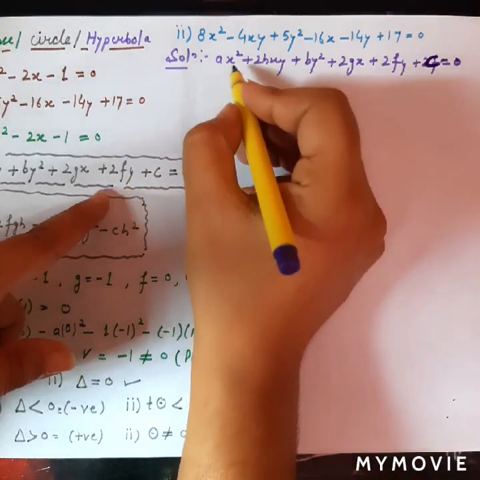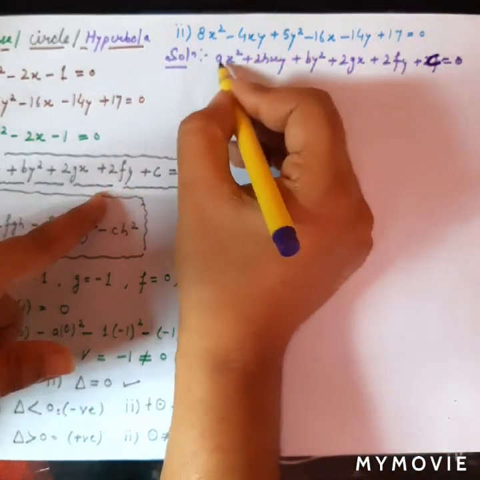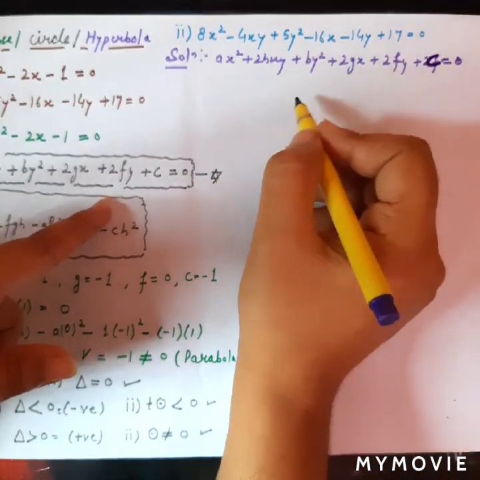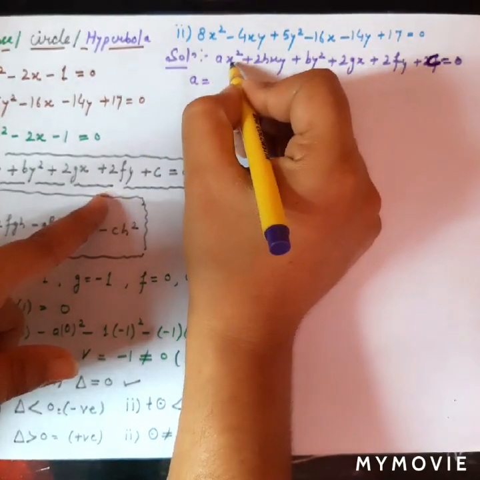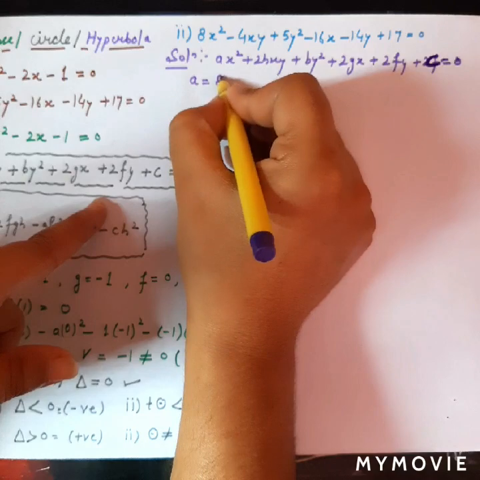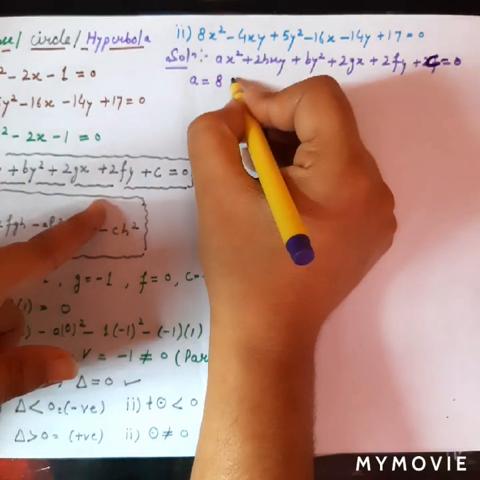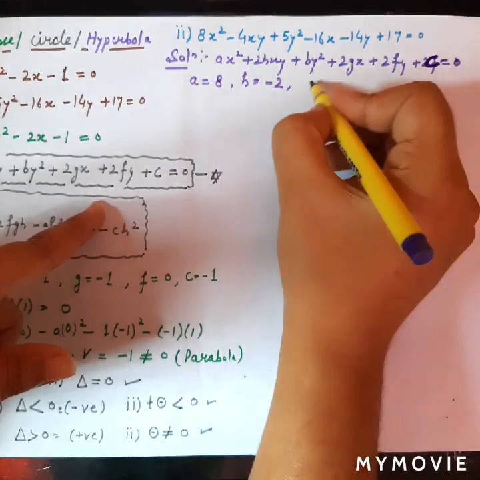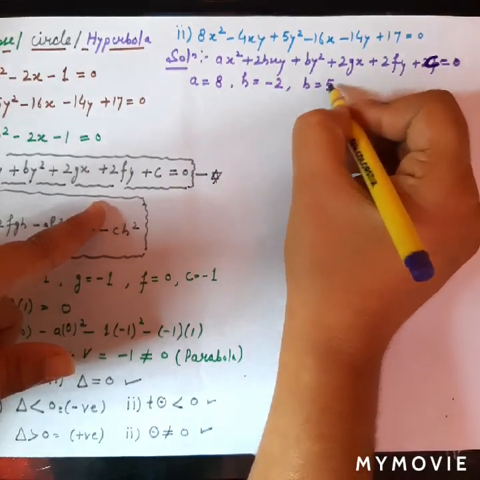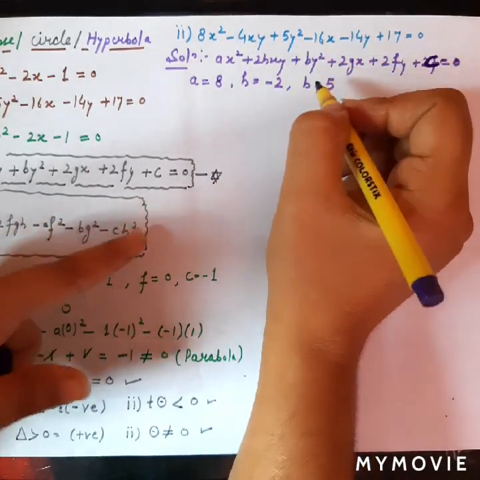Now after comparison we will find out the values of a, h, b, g, f, c. So the value of a, the coefficient of x square, is 8. The value of h is equal to -2. The value of b is equal to 5, the coefficient of y square.